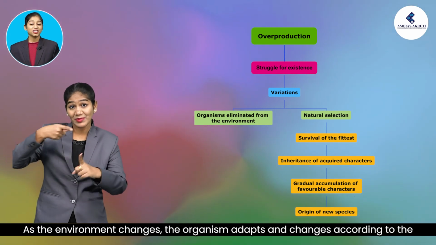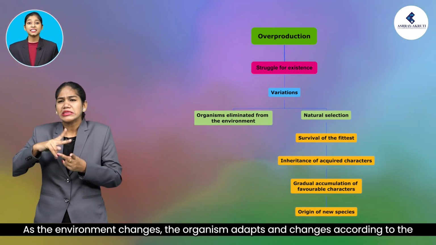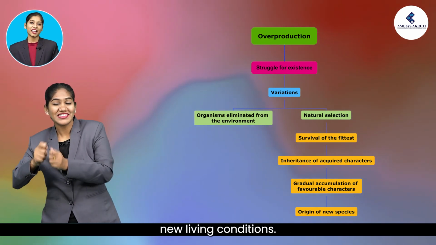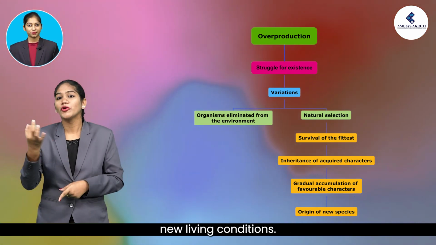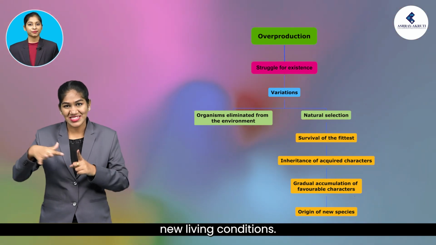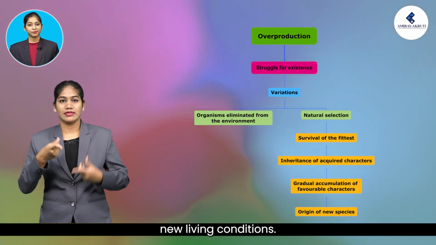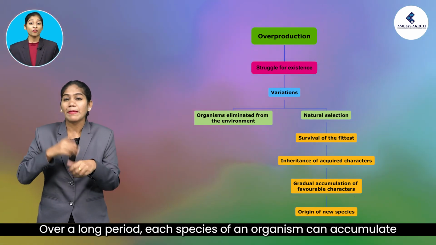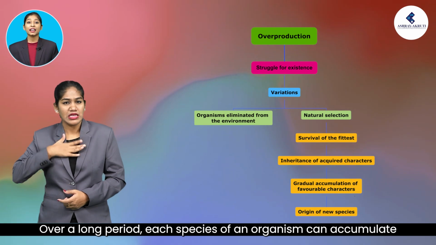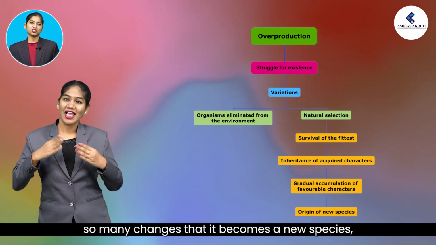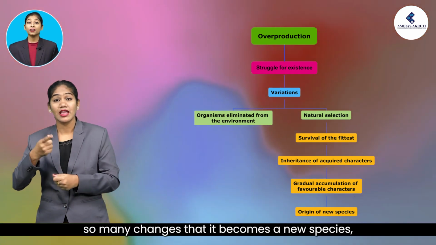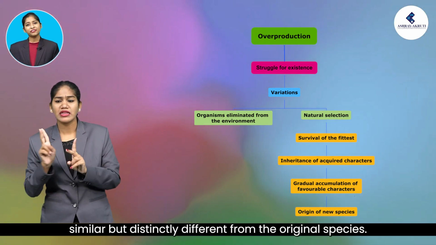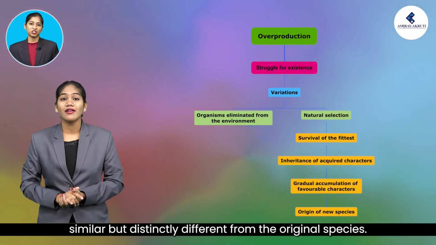As the environment changes, the organism adapts and changes according to the new living conditions. Over a long period, each species of an organism can accumulate so many changes that it becomes a new species, similar but distinctly different from the original species.